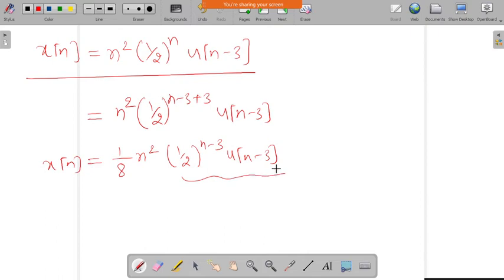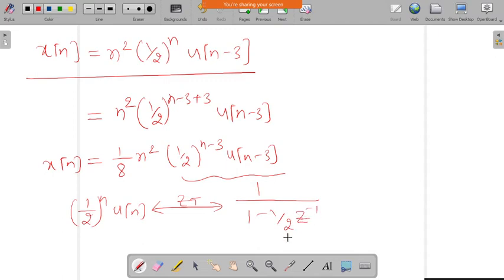Now you can first find the Z transform of this shifted signal. First we have half power n into u of n, a standard result already known, which is 1 over 1 minus 1 by 2 into Z inverse. Now if we shift the signal, what is the corresponding Z transform?